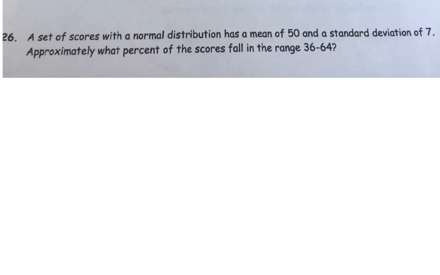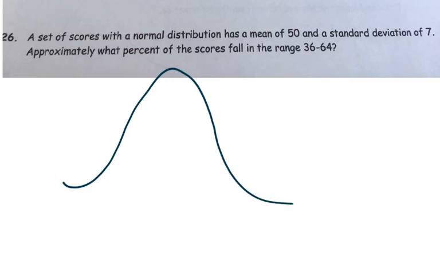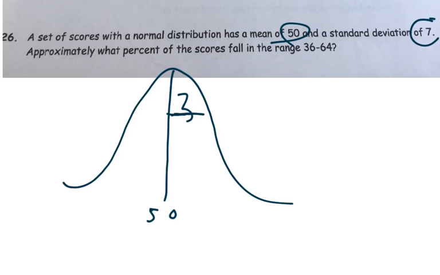Okay, look at problem 26. This, I hope you will totally understand. Again, I'm going to do a quick sketch. That's always step one: do a quick sketch, see what you're looking at, what you're looking for. They tell me the mean is 50. I know that goes right in the center of my graph. They tell me the standard deviation is 7 here.